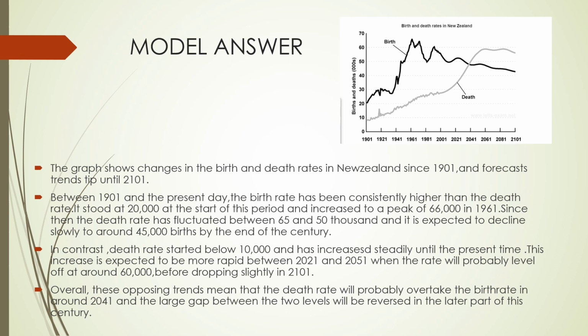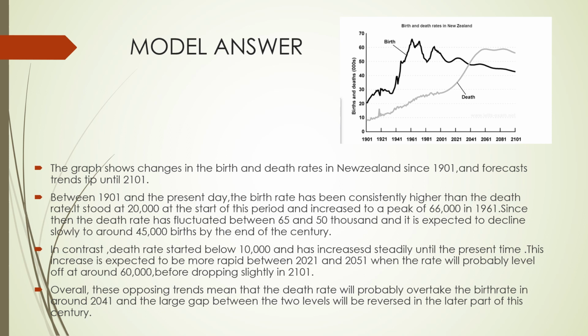So between 1901 and the present day, the birth rate has been consistently higher than the death rate. Okay, it stood at 20,000 at the start of this period, and increased to a peak of 66,000. Okay, this is a peak, 66,000 in 1961.